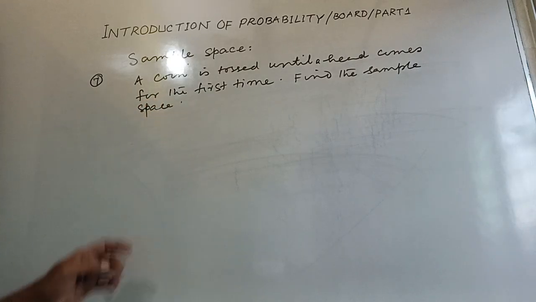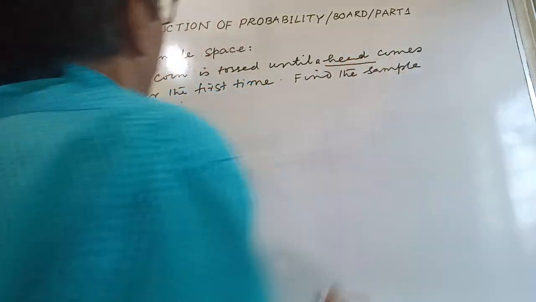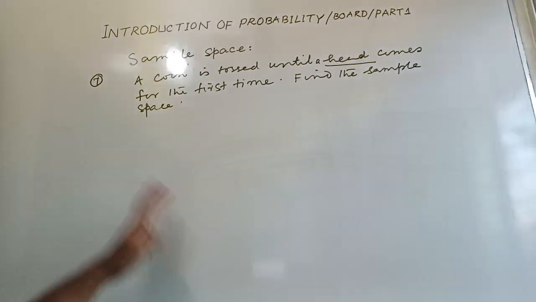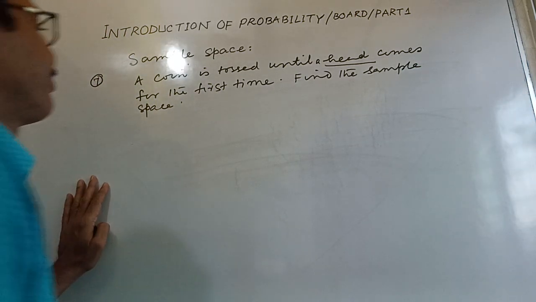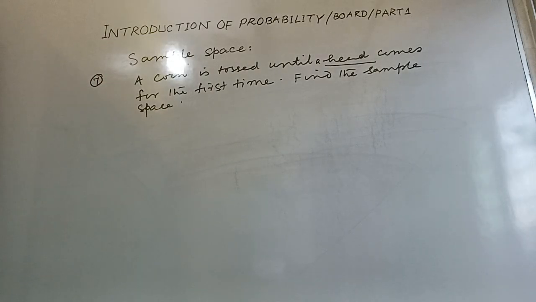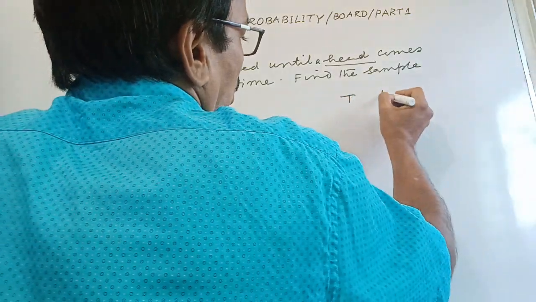A coin is tossed until a head comes. So when a coin is tossed, you may get head or tail. Look, this is a typical problem. If you toss it one time, you get head or tail.